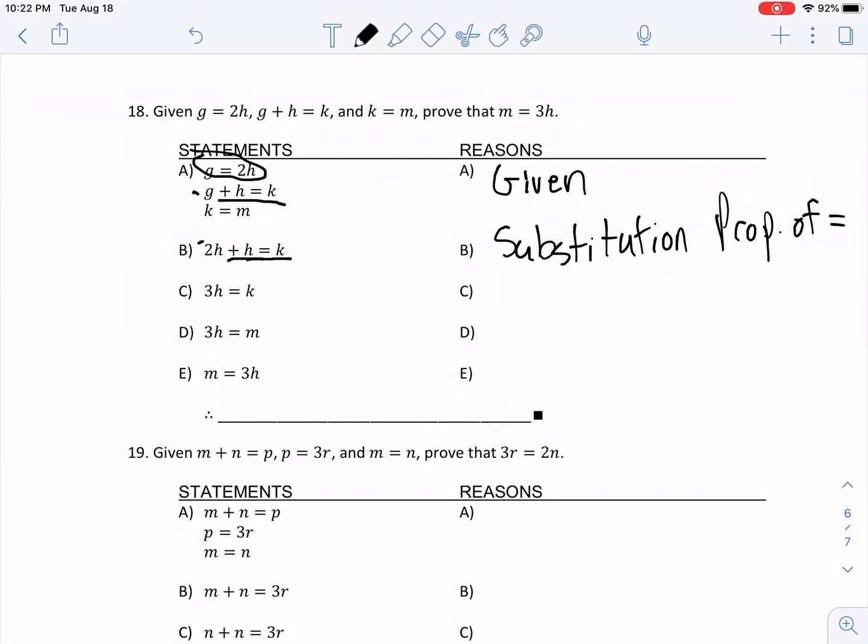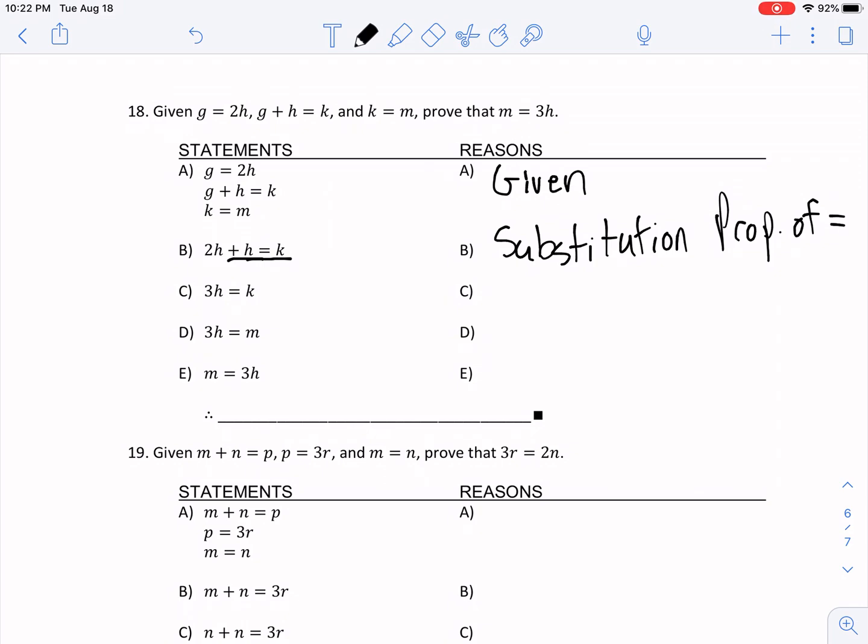So I can replace G with its equivalent 2H. I'm just replacing G with 2H, okay? So that's what's happening there. So we replaced G with 2H, and that's the substitution property of equality.